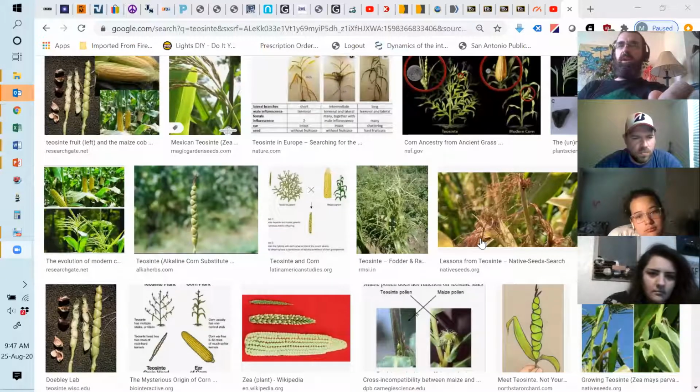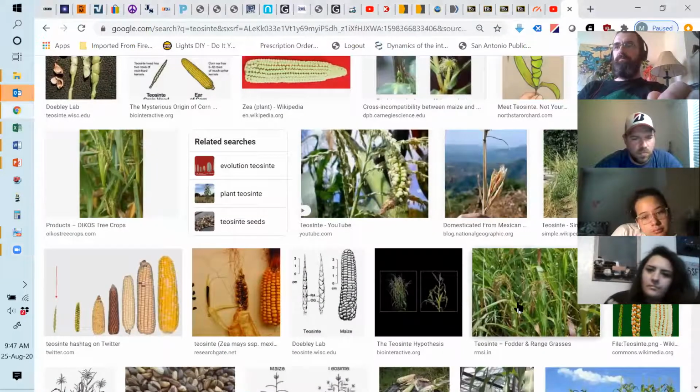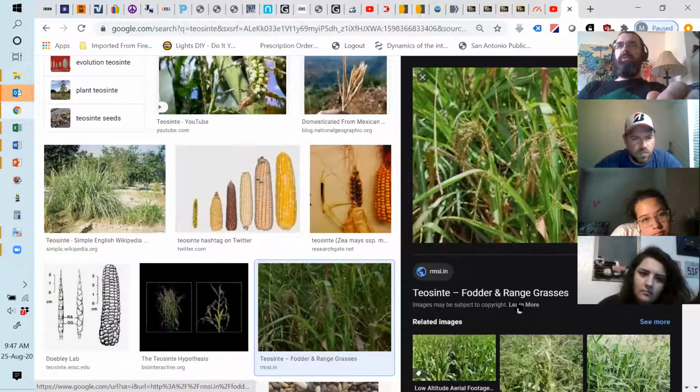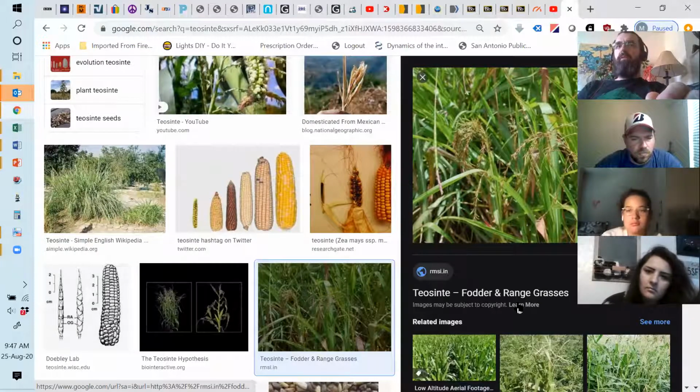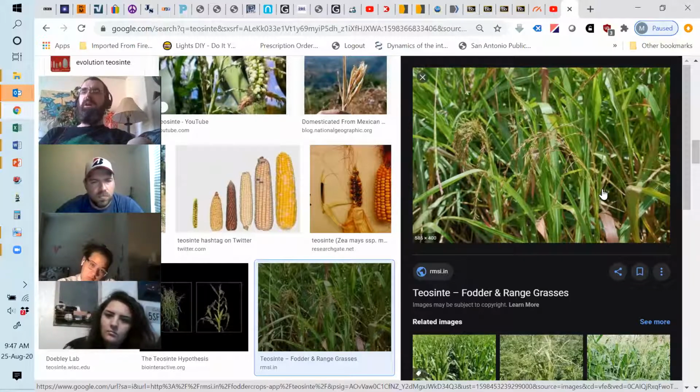I see this at the side of the road all the time when I'm on my bike. It's both a weed and also kind of like a grass as well, right? Used as fodder. Anyway, so this is commonly found in Central America.